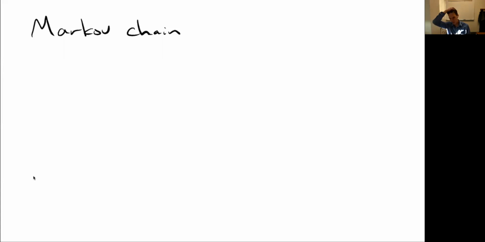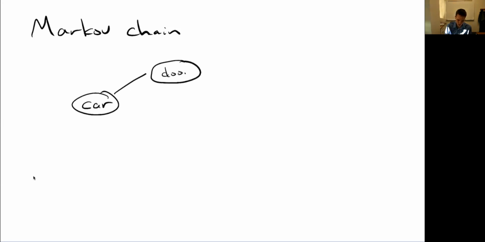So just to give you an example, let's say on your cell phone, you were writing, a tool for the keyboard to predict what word you were going to say next. So let's say you just type the word, I don't know, let's say car, and it might say, well, maybe you're going to say door next, or garage or something, whatever.